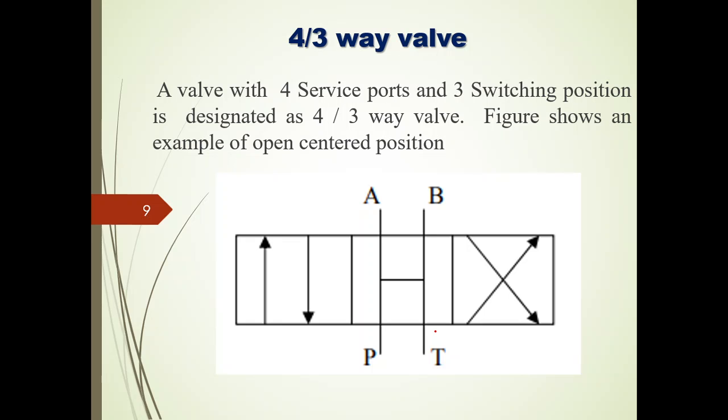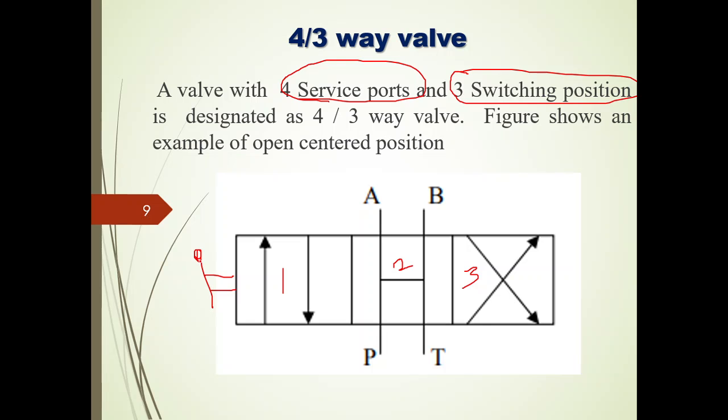Similarly, 4 by 3-way valve, here we will be having four service ports and three switching positions, right? So you can see here the first position, the second position as well as the third position, right? So I can actuate the first position by using some actuating mechanism here. I can actuate this one also by using another mechanism.